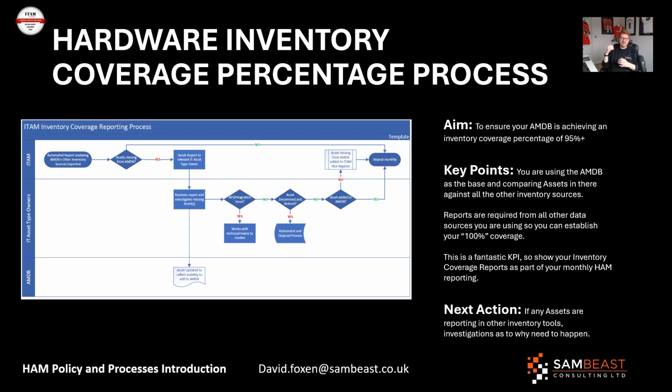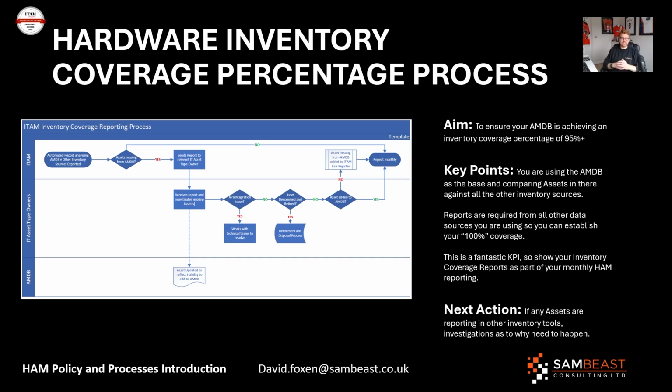This is a really great key performance indicator, KPI, to show how things are going on the reporting and how much visibility and transparency of your estate you actually have. And I typically see organizations and recommend that you include this as part of your monthly ITAM reporting pack, because the more inventory coverage you're getting, the more you're also seeing on the SaaS side of things, on the software that's installed, the licensing, etc. Everyone's a winner if you're doing this process and then making sure that those that aren't in the AIMDB are coming into the AIMDB.